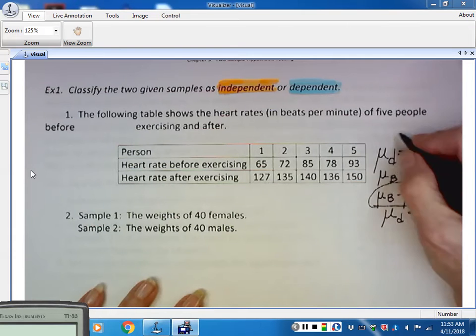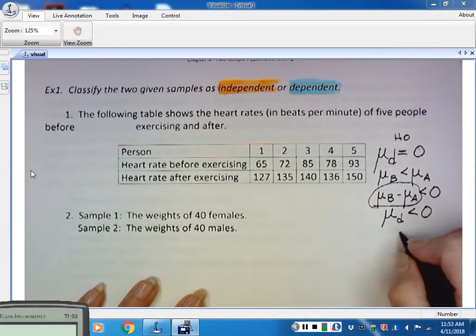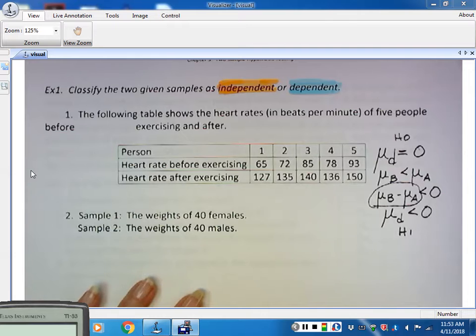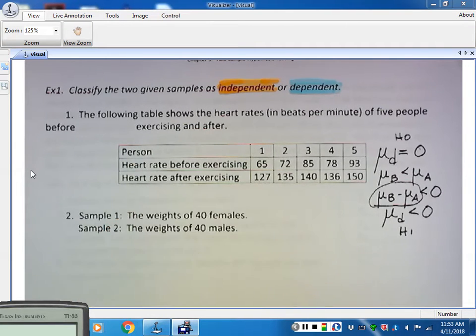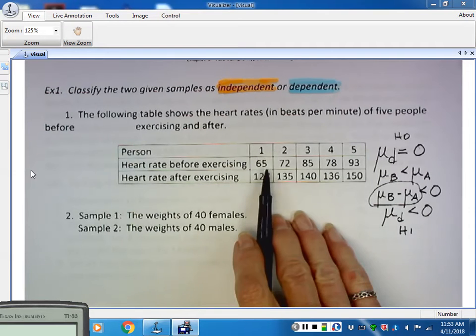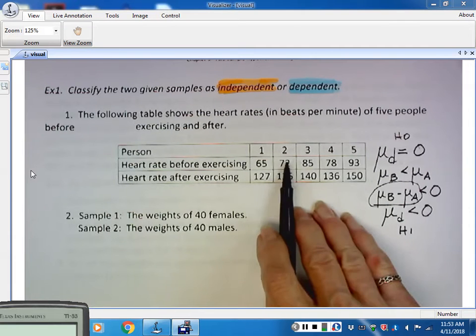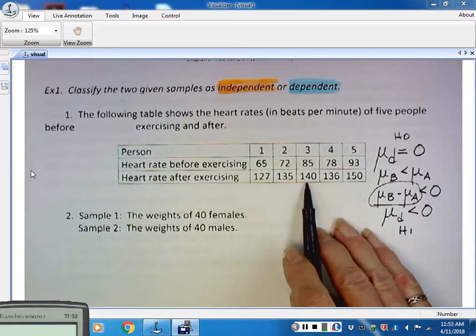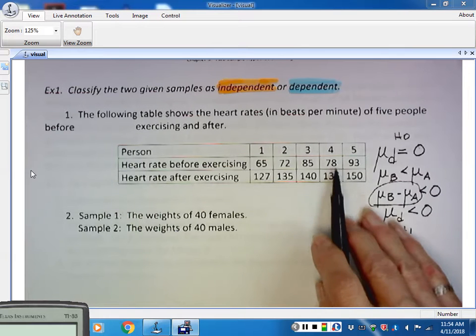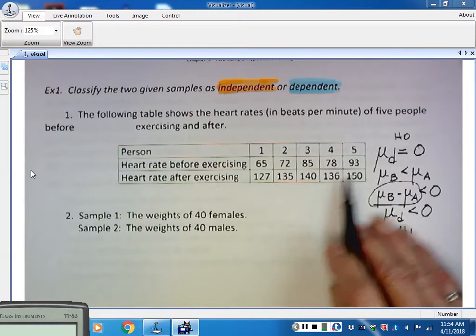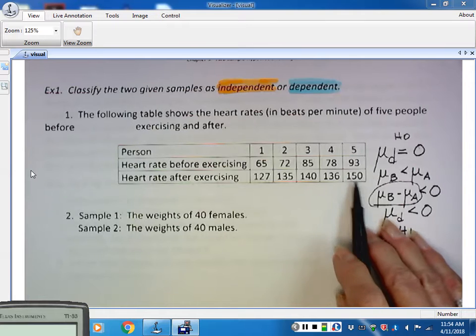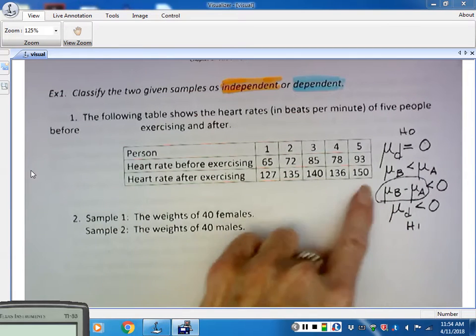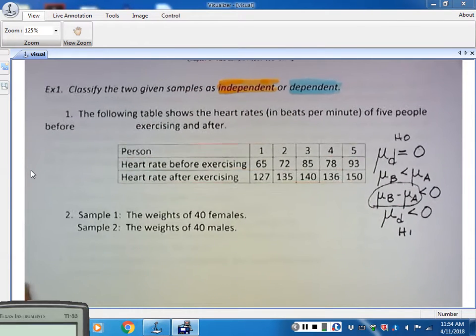So this would be H0, and this would be H1. And we could actually calculate those differences by taking 65 minus 127, 72 minus 135, 85 minus 140, 78 minus 136, 93 minus 150, and we would see that all of these differences actually are negative.